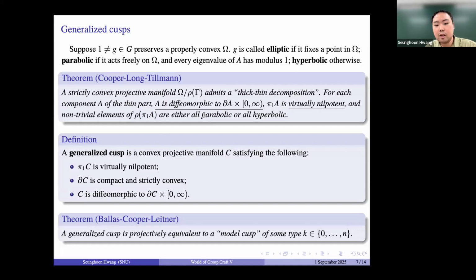When it's all parabolic, we have something called a cusp, which is really projectively equivalent to the cusps in hyperbolic manifolds.